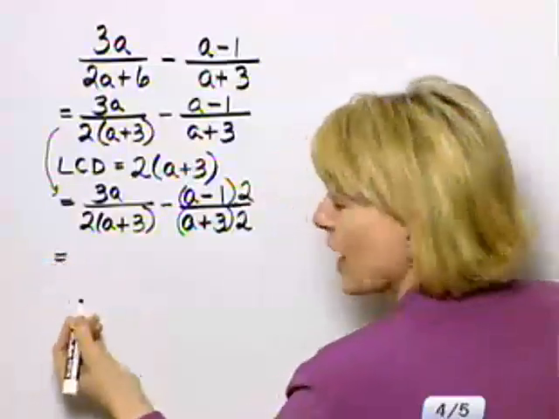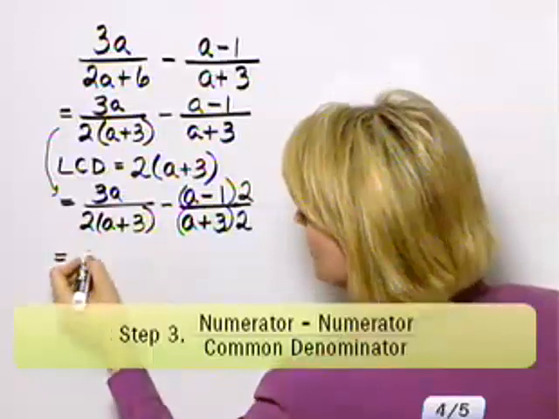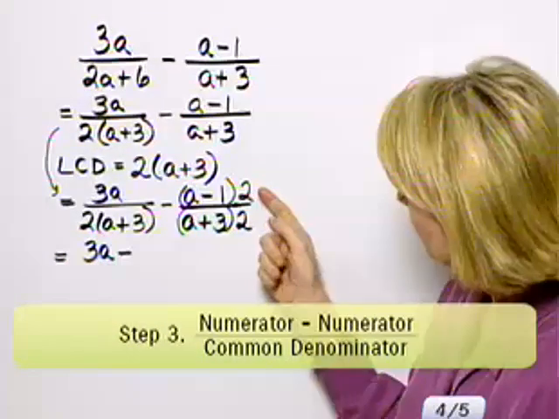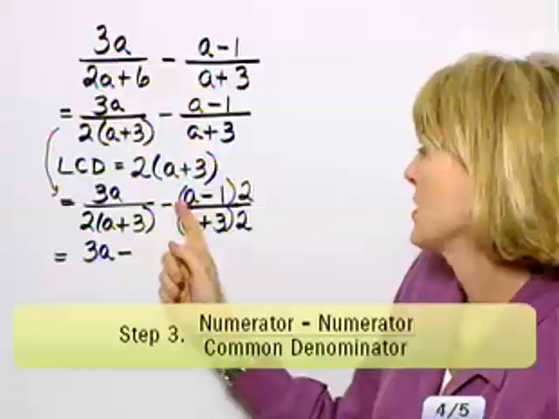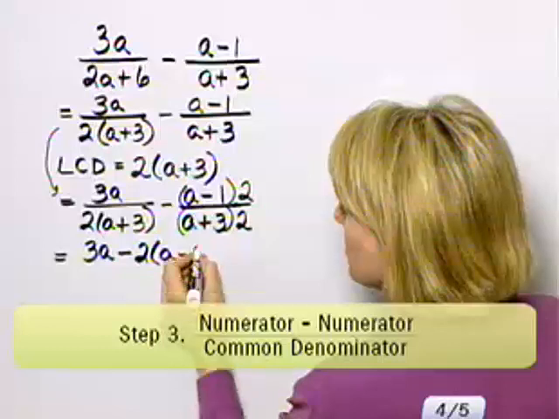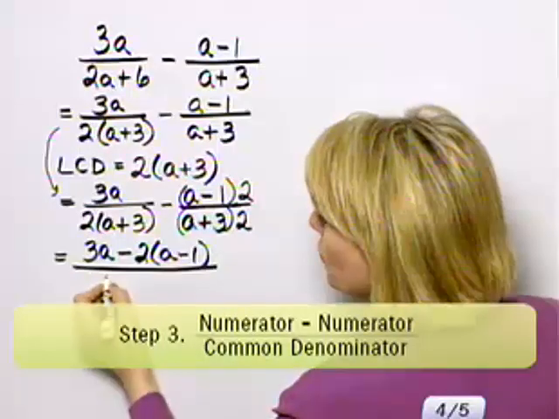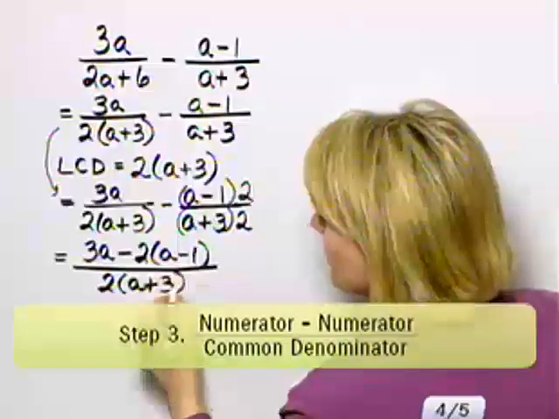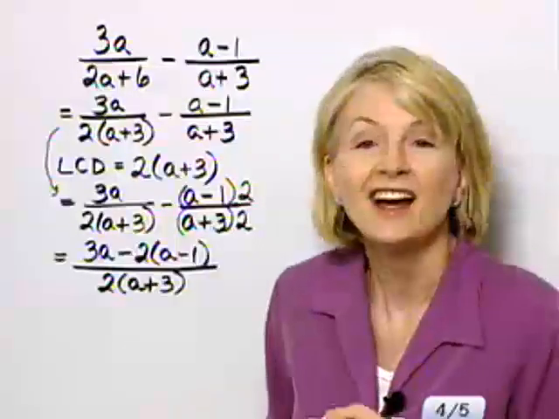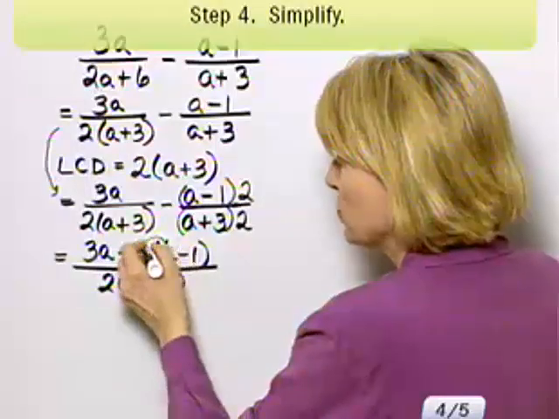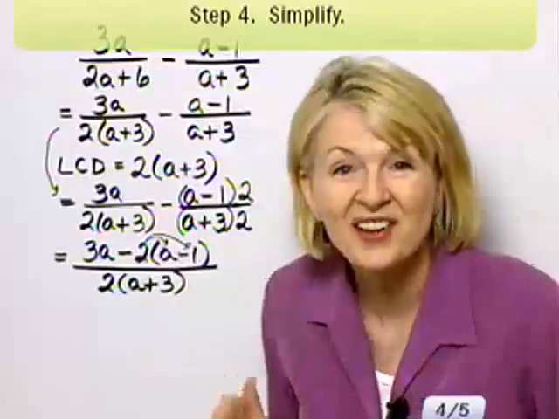But now that we have the same denominators, we simply write numerator minus, now if you don't mind, I am going to write that 2 first, times a minus 1 all over a common denominator. And now let's start simplifying. First, we'll use the distributive property and be very, very careful here.